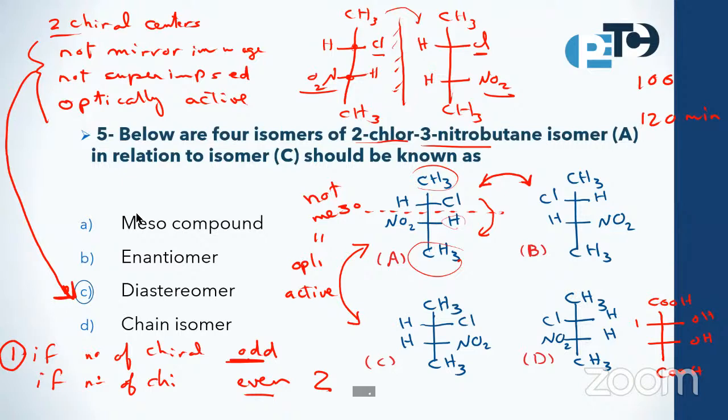And if you divide the compound into 2 equal halves, the upper part is similar to the lower part, a mirror image of the lower part. So this compound is a meso compound and optically inactive. So we will not find either an enantiomer or a diastereomer for this structure, not for tartaric acid in general, but for this structure or this shape of the structure. Is it clear?